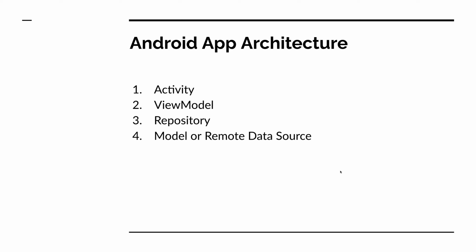One of the approaches that they recommend, and part of this is supported with some libraries that they put out later, is these 4 components that you will see in an app. Number 1 is an activity. Number 2, a view model. 3 is a repository, and 4 is a model or a remote data source.